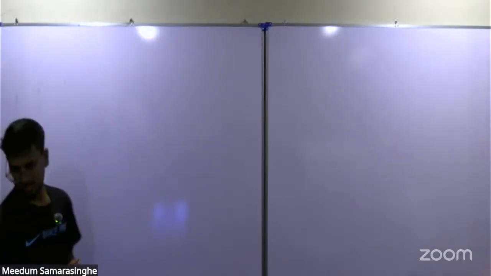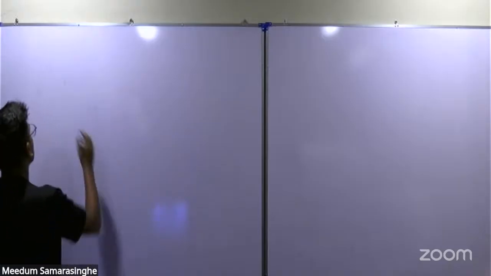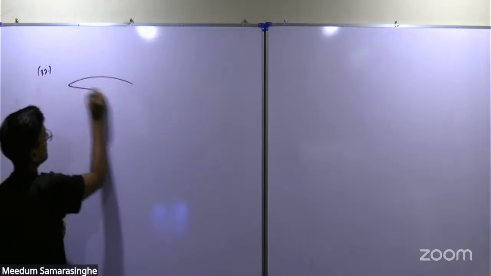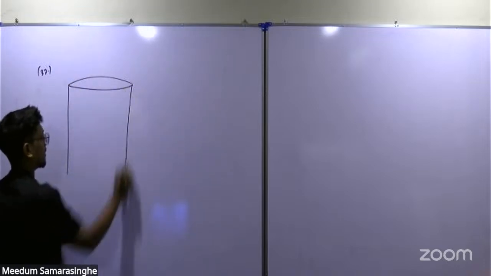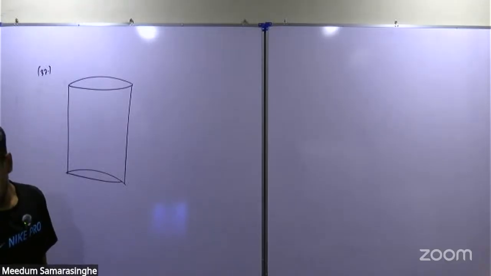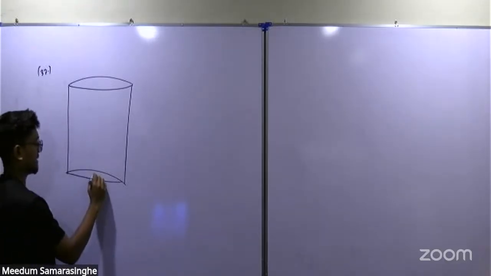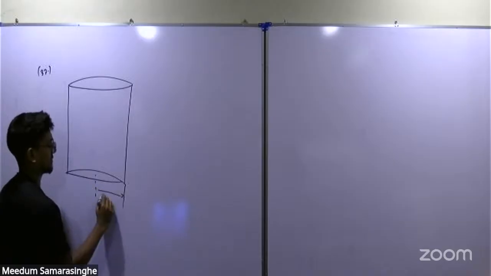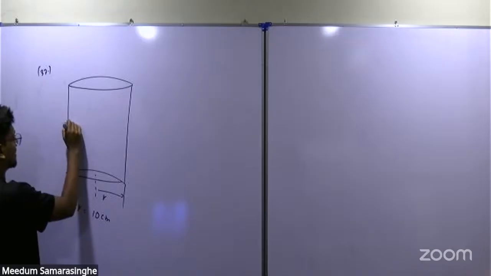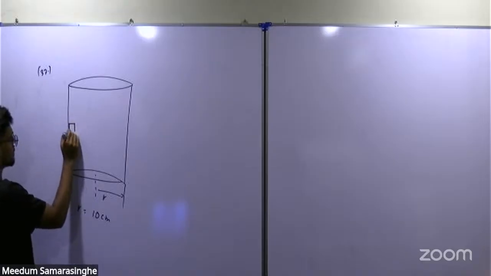Now, this is the 37th one. You have a cylinder, and the radius of the cylinder is 10 centimeters. That is given. I'll take it as R, that is 10 centimeters. And there is a small object.